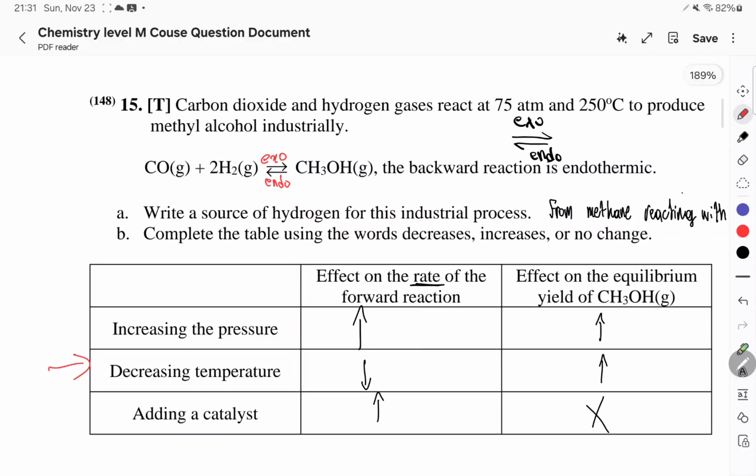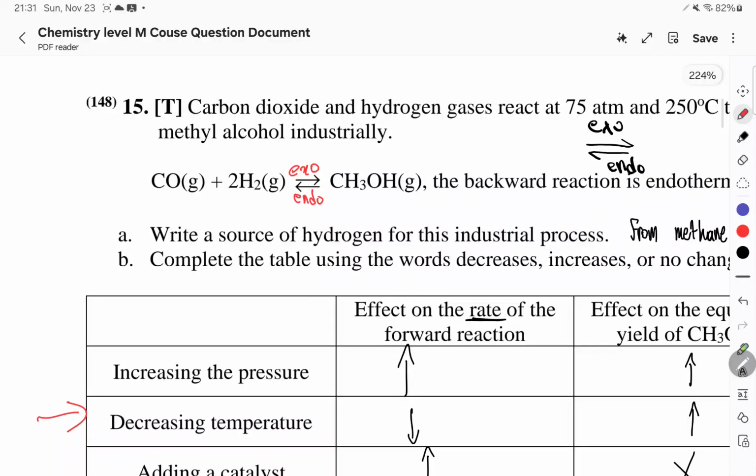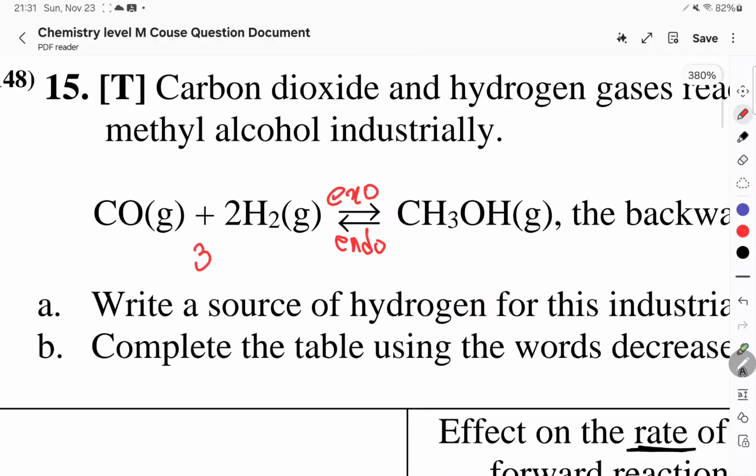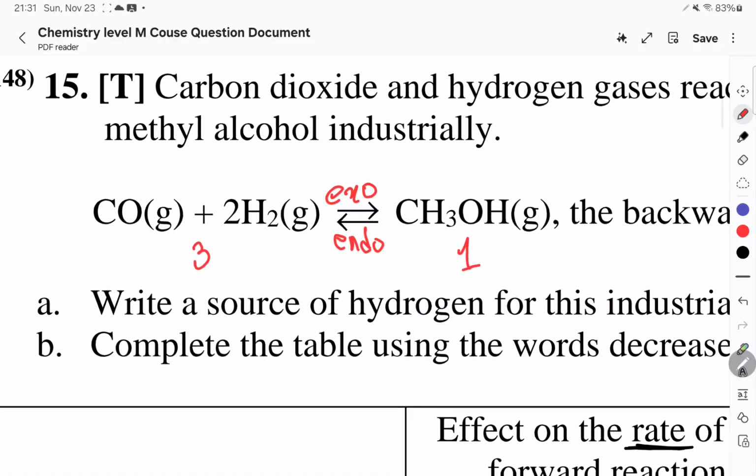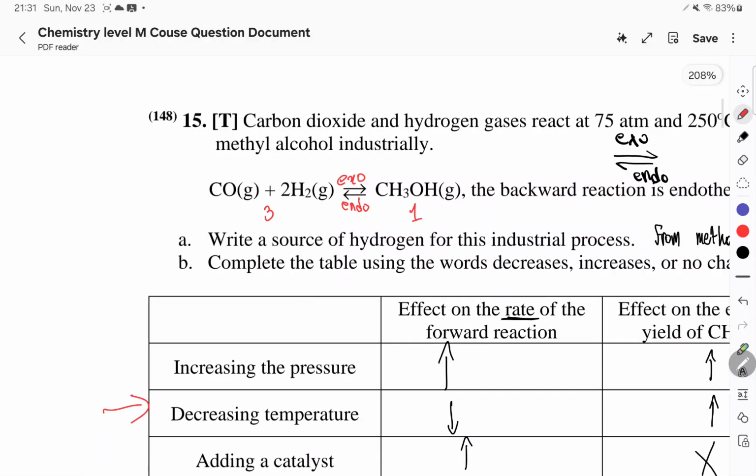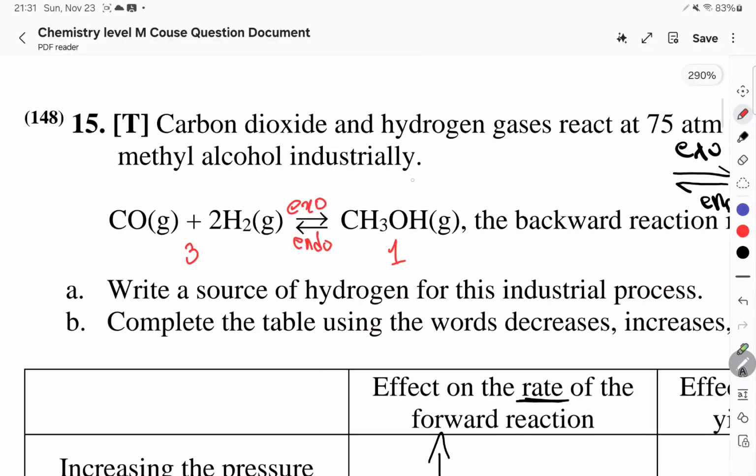However, in the case of pressure, we have to focus on the number of gaseous moles on both sides of the reaction. The number of gaseous moles here is 3, and here is 1. When pressure increases, the equilibrium shifts to the side with the least gaseous moles, so the concentration of the product will increase.